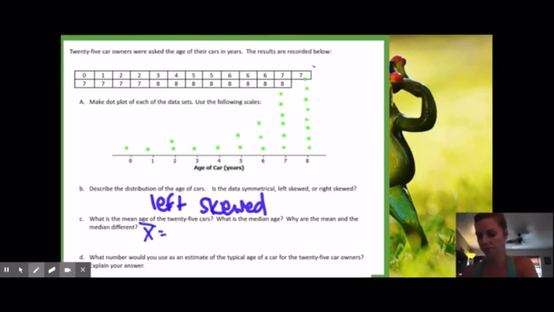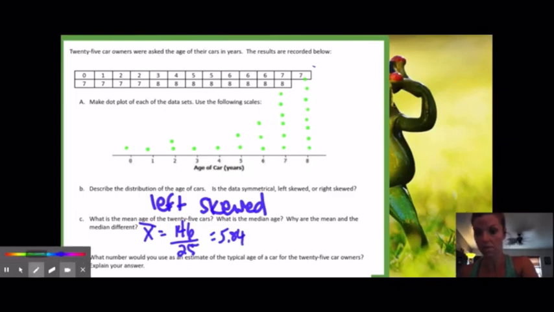Add them all up. I think I got 146, but I think I might have done it wrong. 146 divided by the total of 25. So 5.84. So the average age they're saying is 5.84.